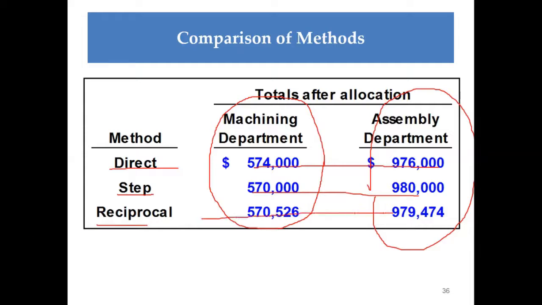This is a summary for our example. You notice that the differences between the methods are minimal, and most companies prefer the direct method for simplicity, because the differences will mostly be minimal. This concludes our methods of allocating service department costs to production departments in manufacturing companies. Thank you.